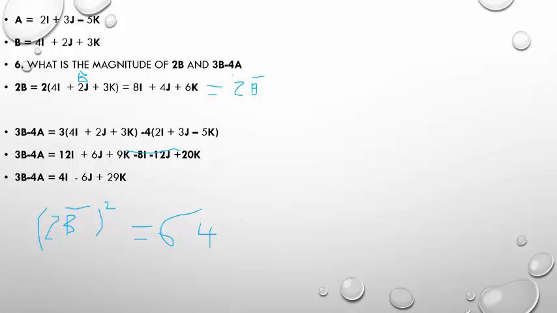Then plus 4j times 4j, that will give us 16. Then 6k times 6k, that will give us 36.